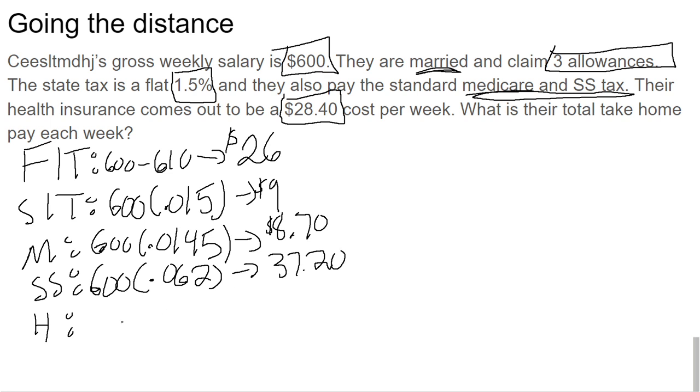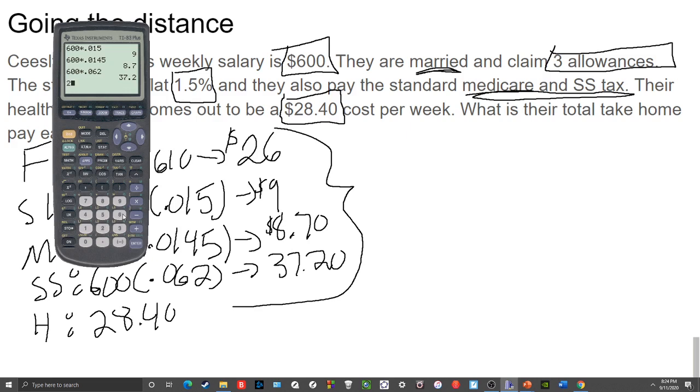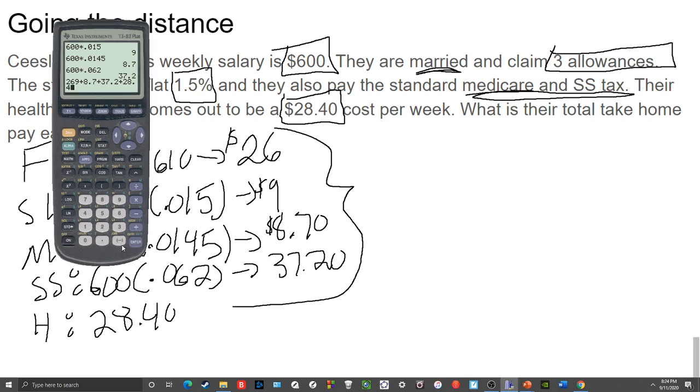And for health, we don't need to calculate anything. They just tell us outright it's $28.40 a week. So these are all the deductions coming out of their paycheck. Let's add all this together: 26 plus 9 plus 8.7 plus 37.2 plus 28.4.